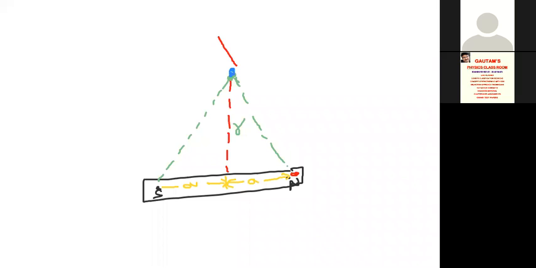Let me draw a straight line at this point. This is the direction, and it gives the value BN.